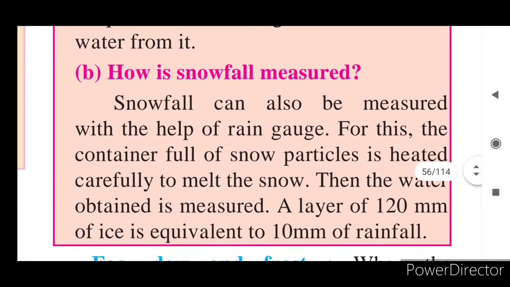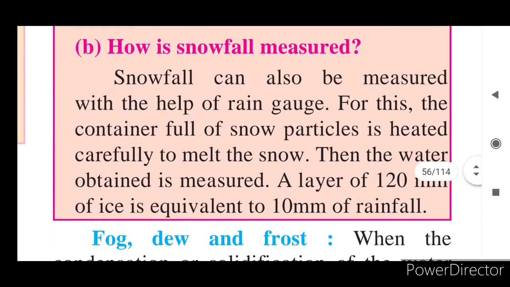Now, how is snowfall measured? Snowfall can also be measured with the help of a rain gauge. For this, the container full of snow particles is heated carefully to melt the snow. Just as we measure rainfall, snowfall is also measured, but we have to melt the snow carefully, and then it is easy to measure.